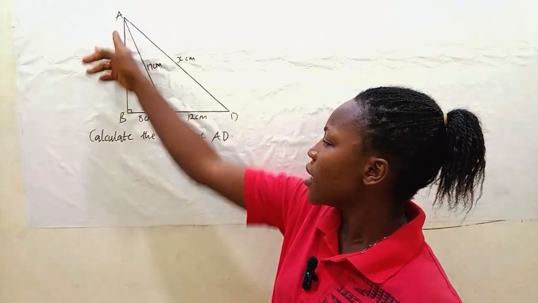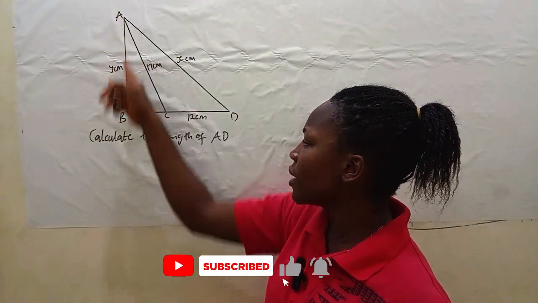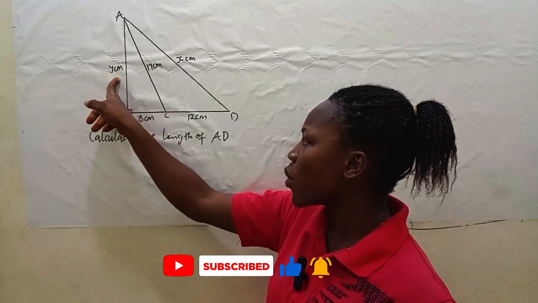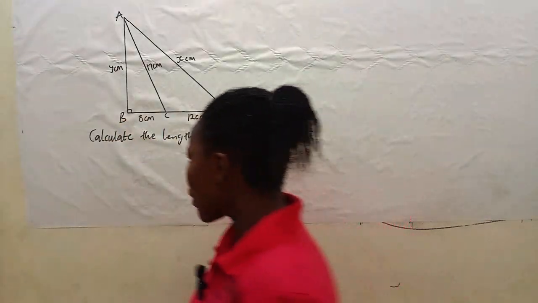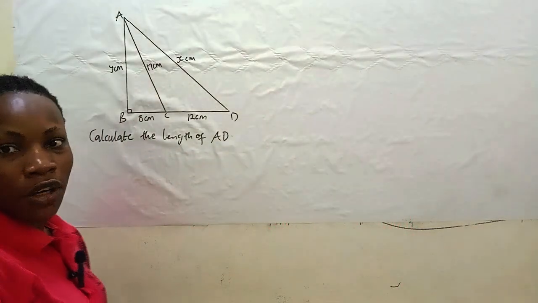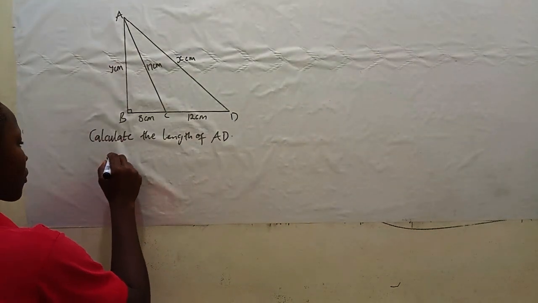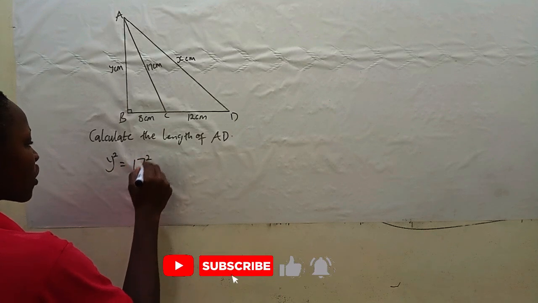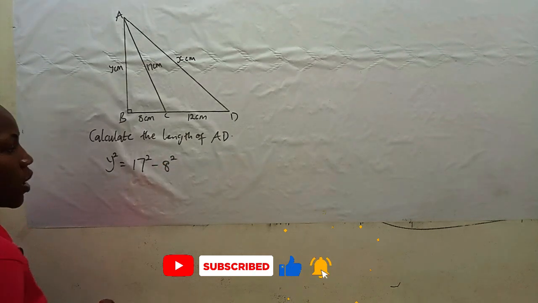We have A, B, C, and we equally have A, B, D. So finding our y, we are using A, B, C. Alright, so using Pythagoras rule, we are going to have y square is equal to 17 square minus 8 square.